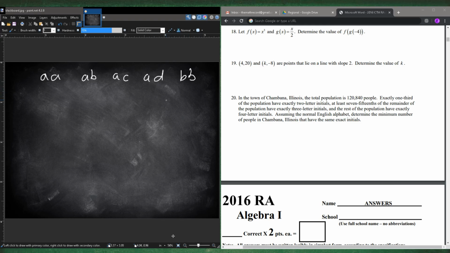Let's just say we have these 5 initials as your first name and your last name, and let's say each tally mark is one person. So then you have something like this, right? When you have 11 people, the minimum amount of people with the same initials is 3, right?